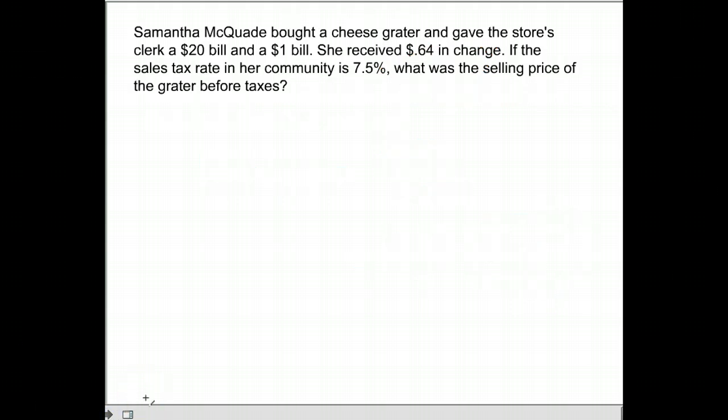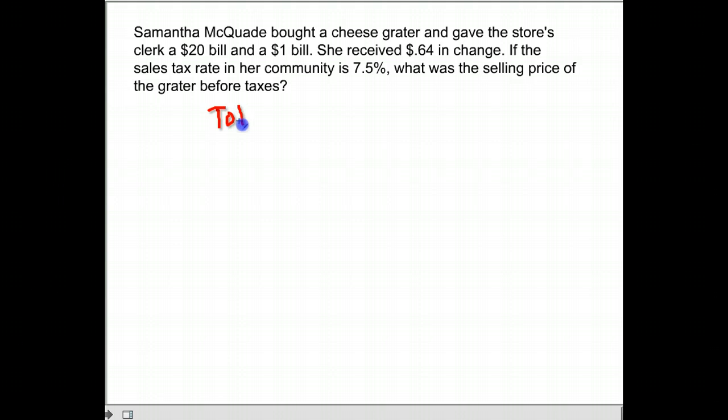Here's what we really need to take a look at. So Samantha Quaid bought a cheese grater and gave the store's clerk a $20 bill and a $1 bill. She received 64 cents in change. If the sales tax rate in her community is 7.5%, what was the selling price of the grater before taxes? Okay, so on this one, I'm going to go ahead and use our method 2.